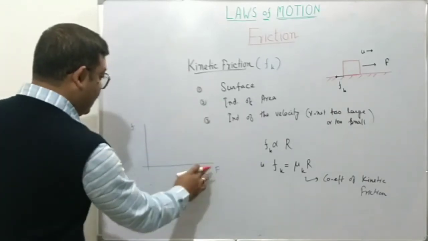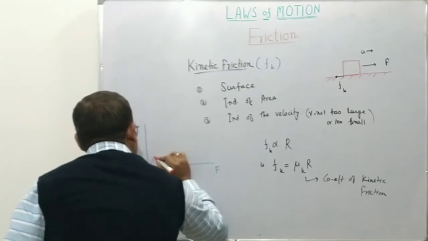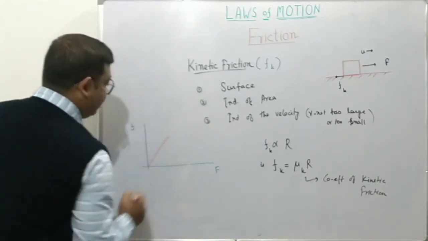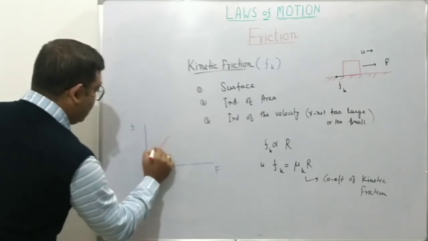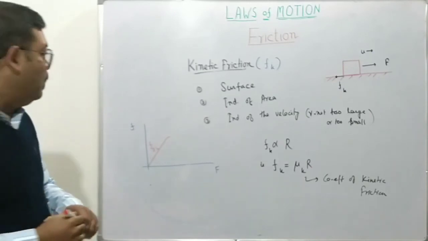It increased with the increase of F. So it will start from the origin and it will keep on increasing in a linear way till it reaches its maximum point. This is static friction, right?